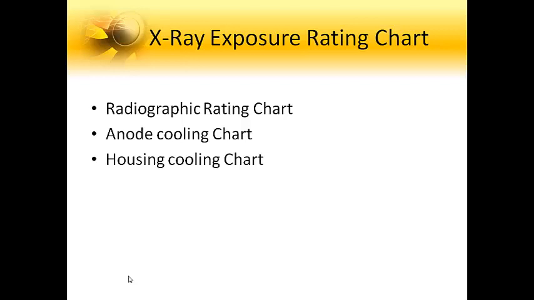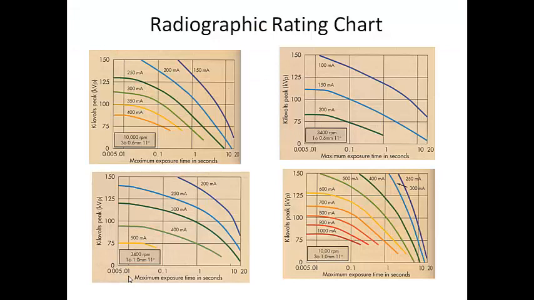So we can see this is an example of the radiographic rating chart, where each chart shows a family of curves representing the various tube currents in mA. This is a chart for one X-ray tube.